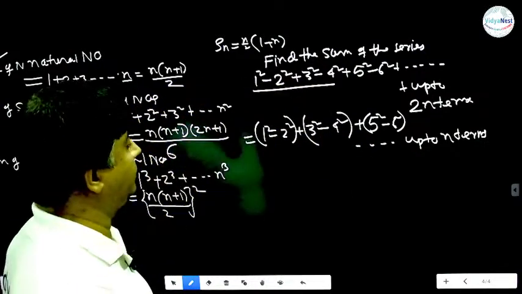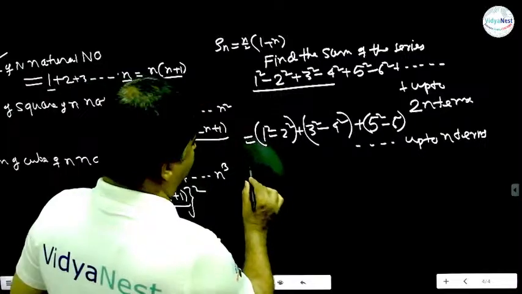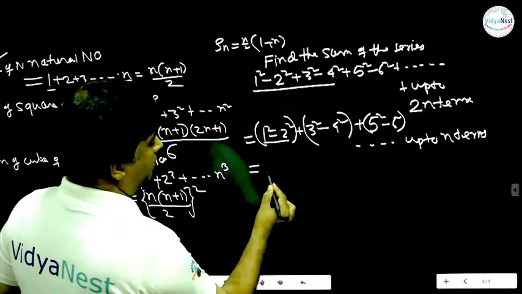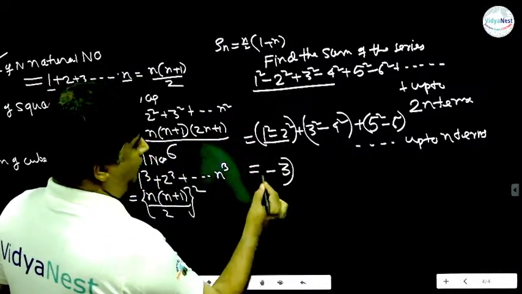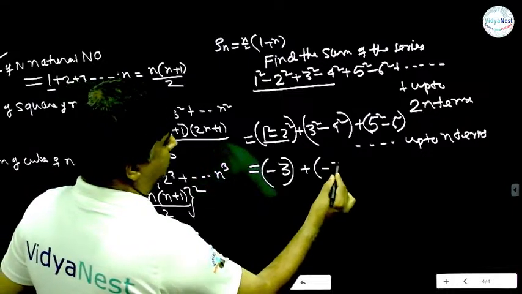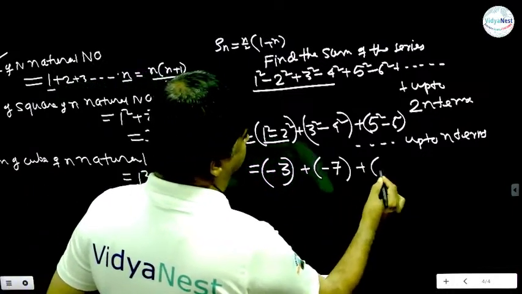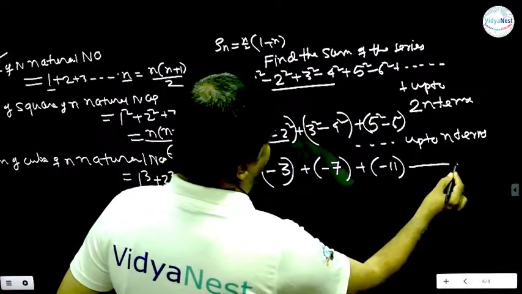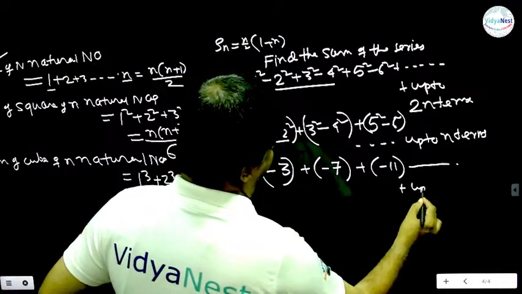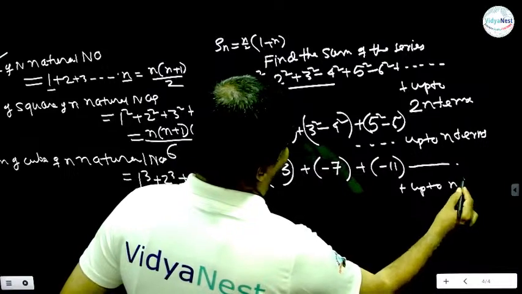But right now, once I club them in pair, then you see this is minus 3, this is minus 7, this is minus 11, up to n terms.